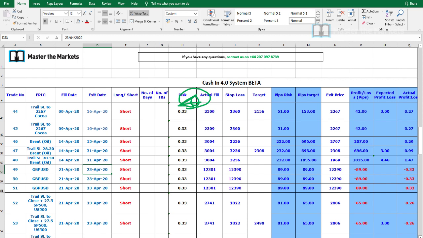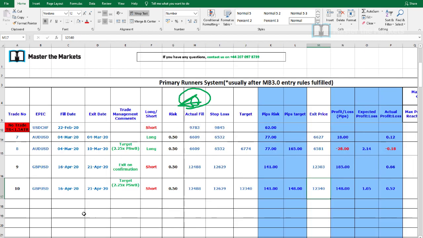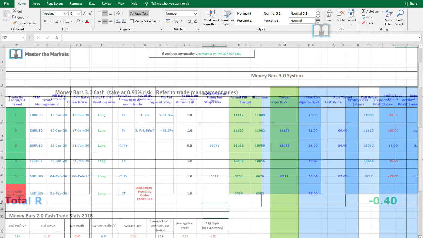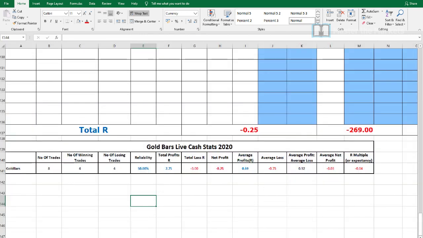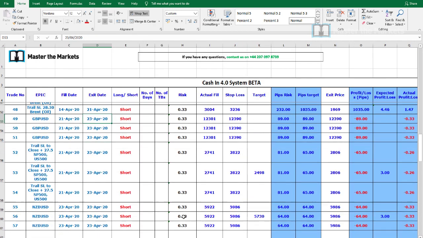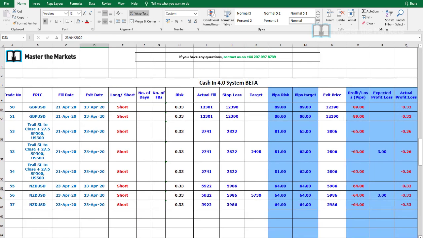What were the main trades that we got? Primary runners system: we had 1.18% for this week on cable. We took that large move, captured the turning point, and we got out of it.